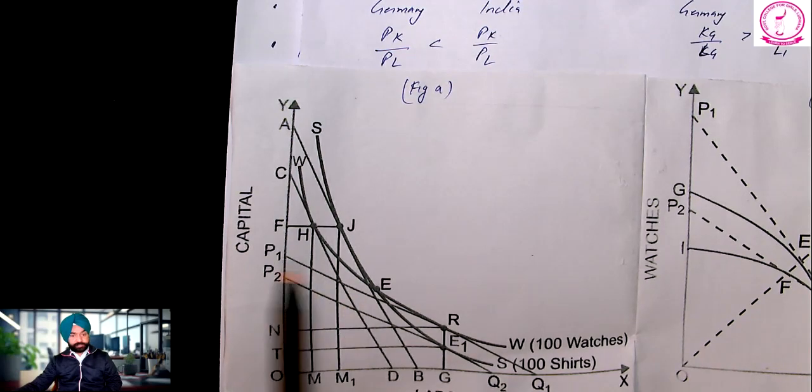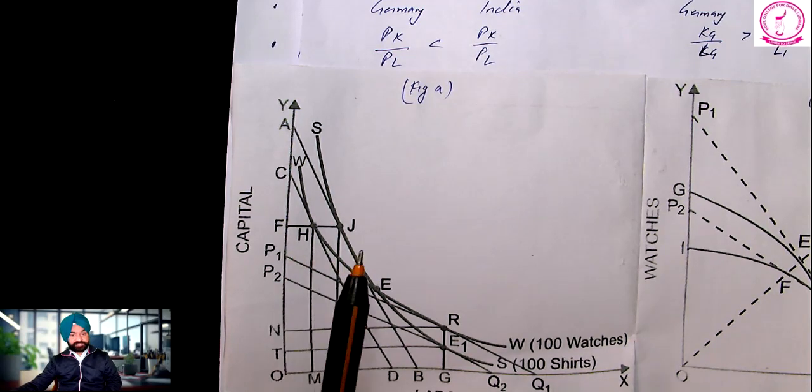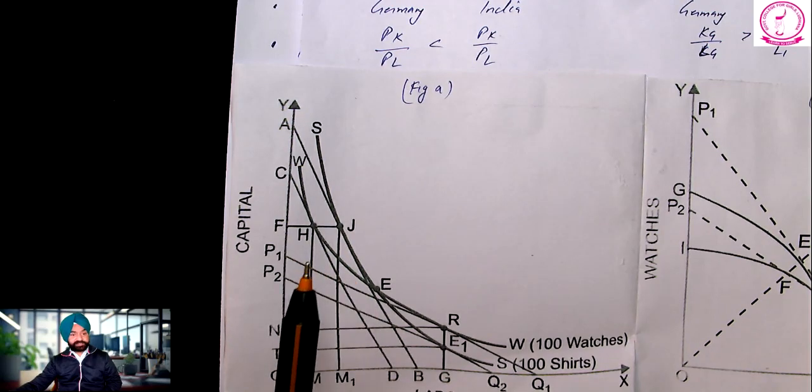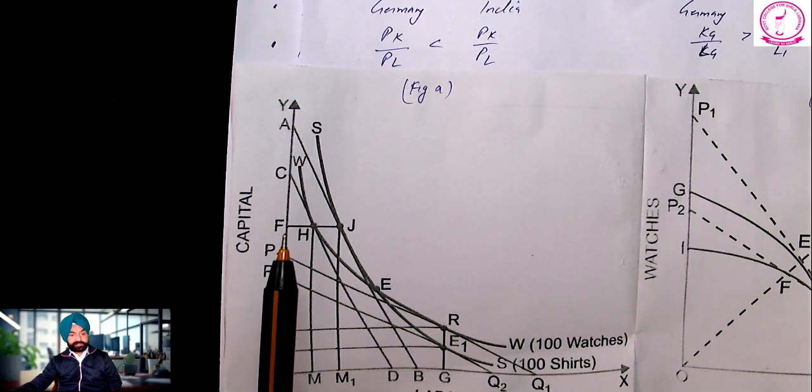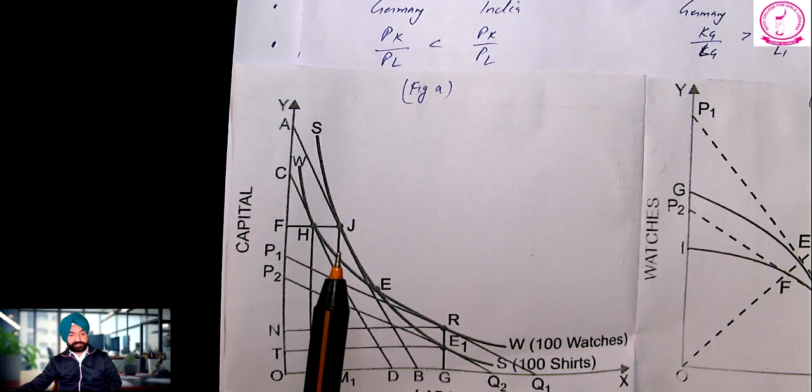They are on equilibrium on both points, but on which point will they produce? At point J they are producing 100 shirts, but their input is OF capital and OM1 labor has been employed.